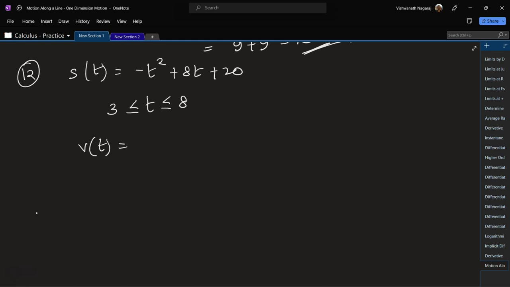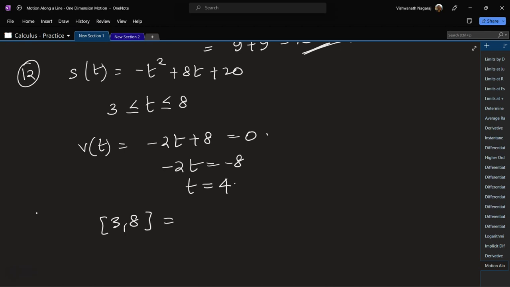So v of t is equal to minus 2t plus 8 equal to 0, minus 2t equal to minus 8, so that is t equal to 4. So at t equal to 4, the direction changes, and this 4 is in this interval. So our interval 3 comma 8 gets split into 3 comma 4 and 4 comma 8.